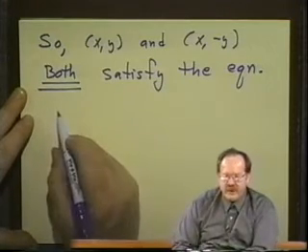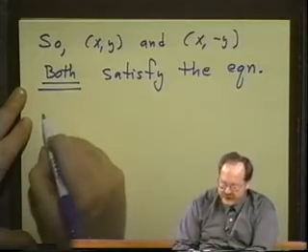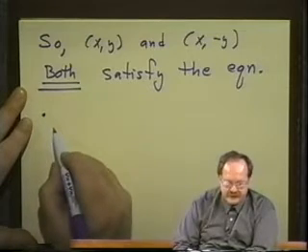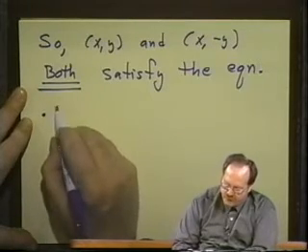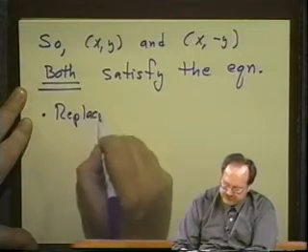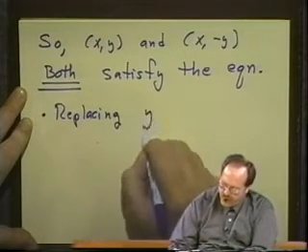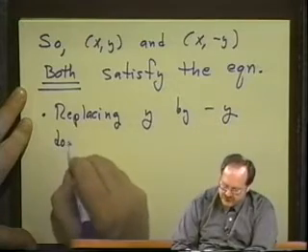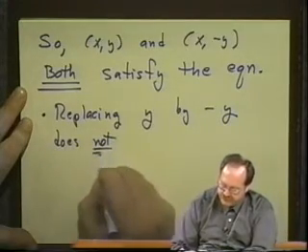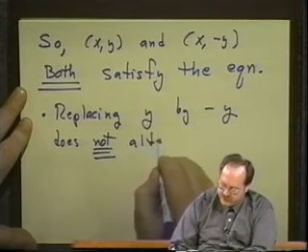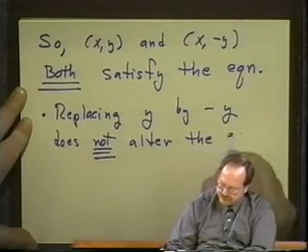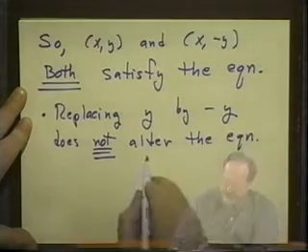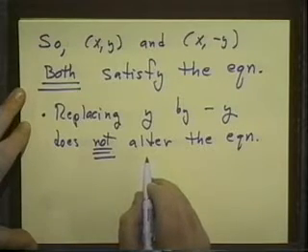So, what is another way to say that? Another way to say that, and this becomes the practical way of using this, replacing y by minus y does not alter the equation. That's the practical test that you will use.